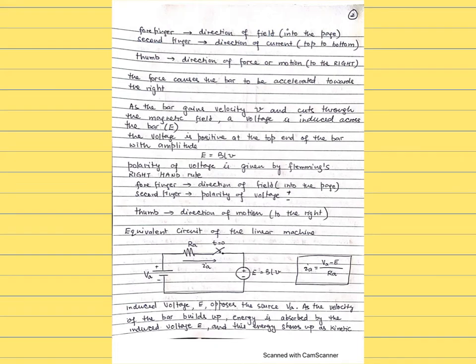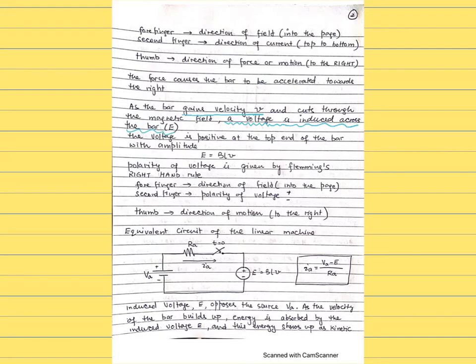All right, now the bar gains some speed, some velocity V, and as it cuts through the magnetic field, now you have a moving conductor inside a magnetic field. According to Faraday's law of electromagnetic induction, here you don't actually have a changing magnetic field, but even inside the constant magnetic field, once you have a moving current carrying conductor, a voltage is induced across the two ends of the conductor or the bar.